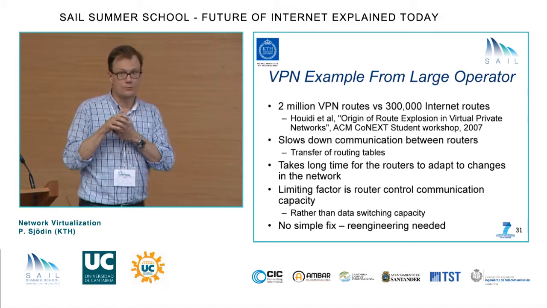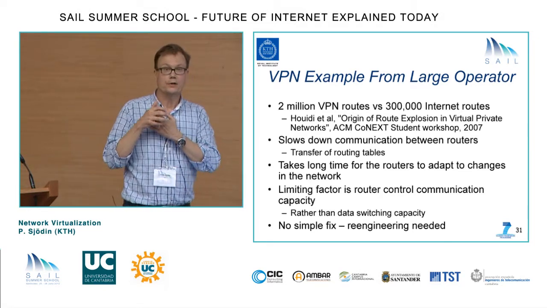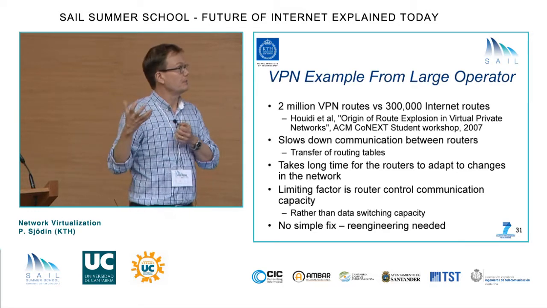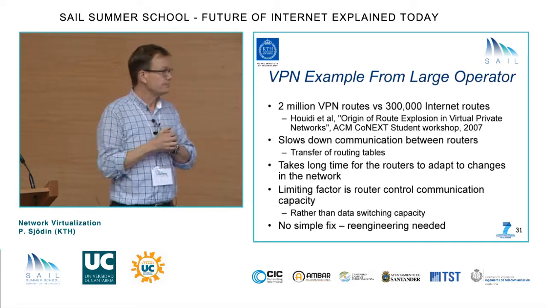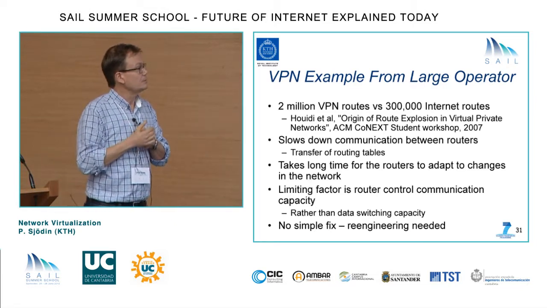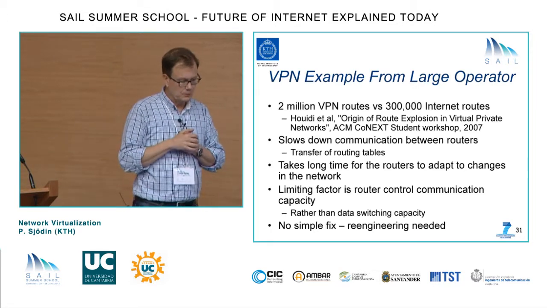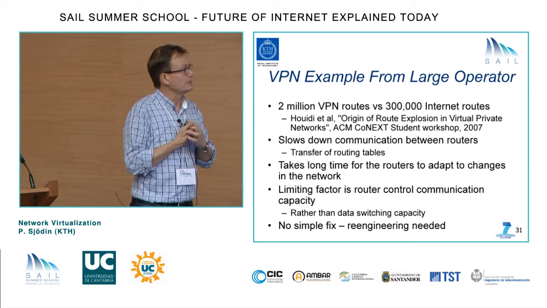That is the main performance issue. So providers find that they need to upgrade their network, not because they're out of packet switching capacity, but because they are out of control plane capacity. And it is a bit annoying, of course, finding that it's not the data plane that is the limiting factor, but the control plane.